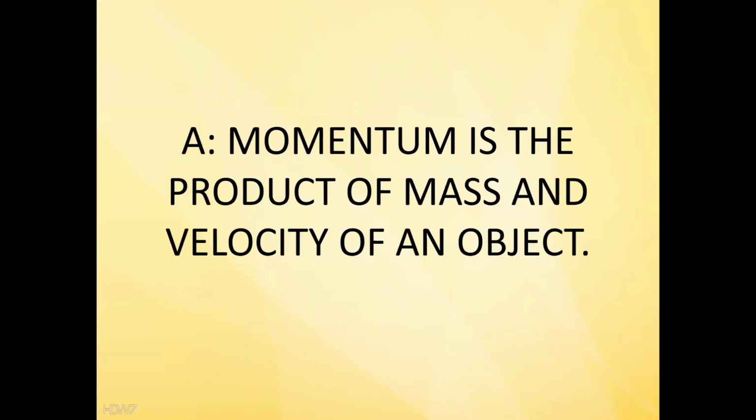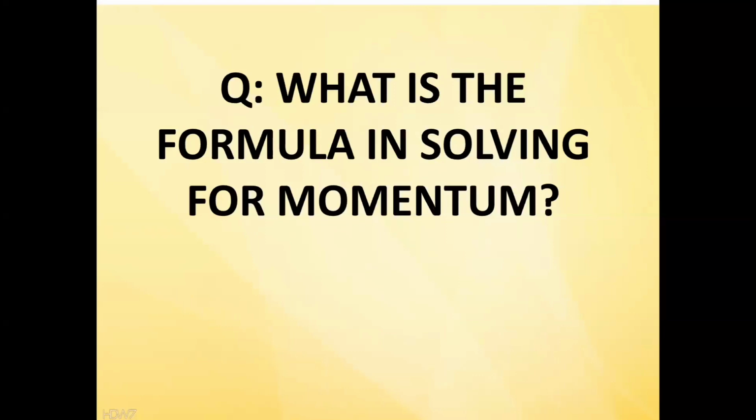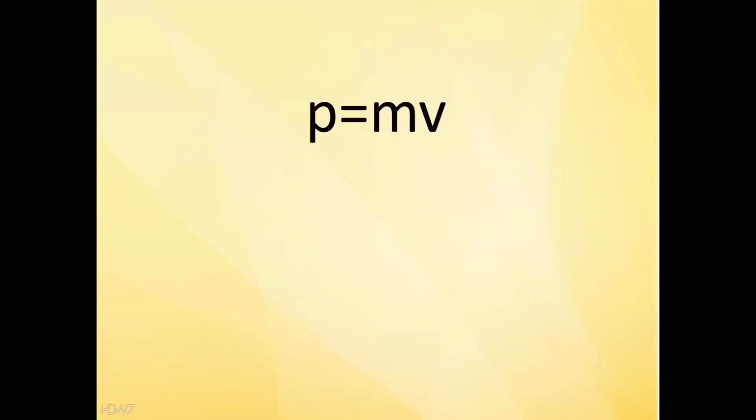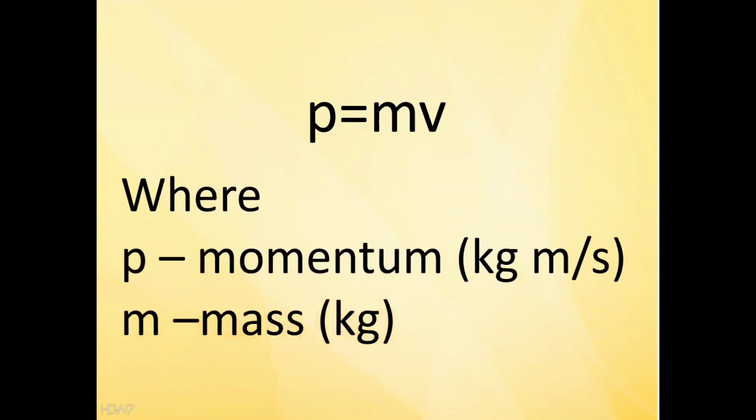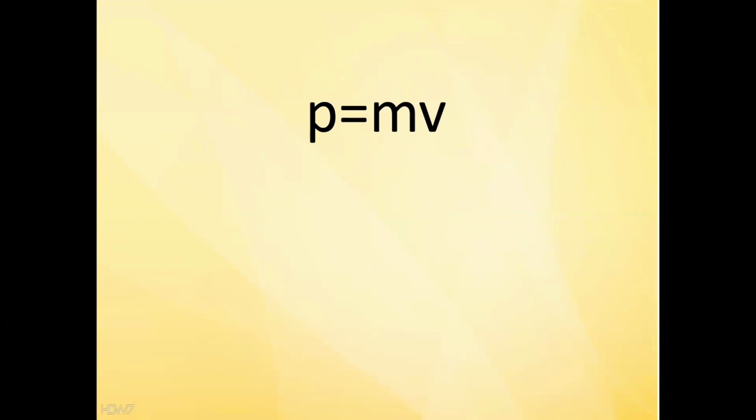Momentum is the product of mass and velocity of an object. What is the formula in solving for momentum? Mathematically, we can express this as P equals mv, or momentum equals mass times velocity, wherein P is the momentum, m is the mass, and v is for velocity.